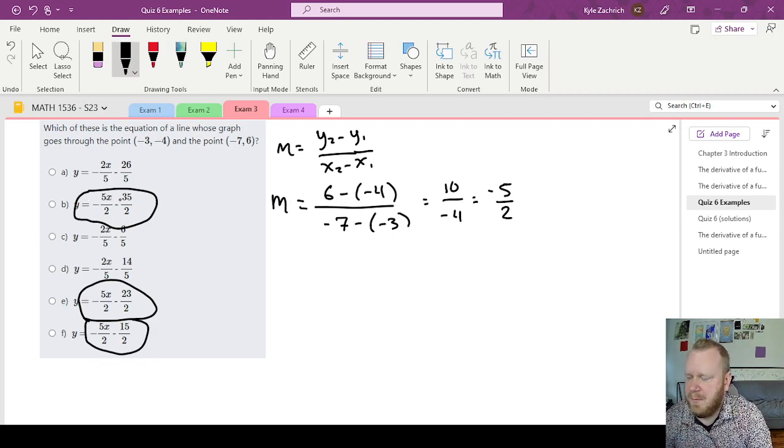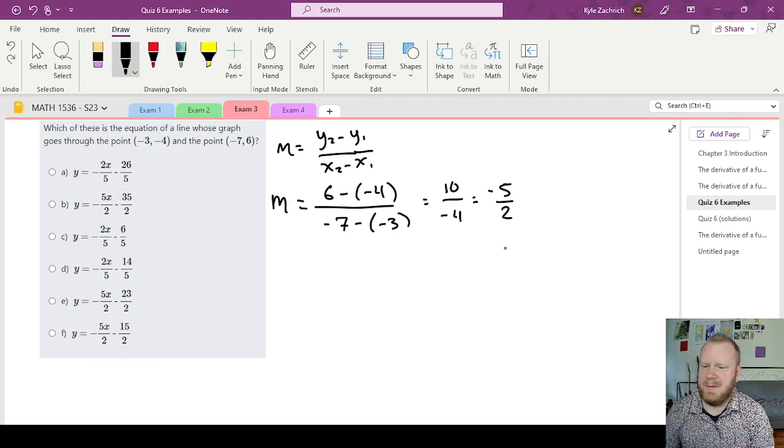These are all in this form of y equals mx plus b, where b is the y-intercept, and the y-intercept occurs when x is equal to 0. So we are going to figure out what happens when we set x equal to 0 here.